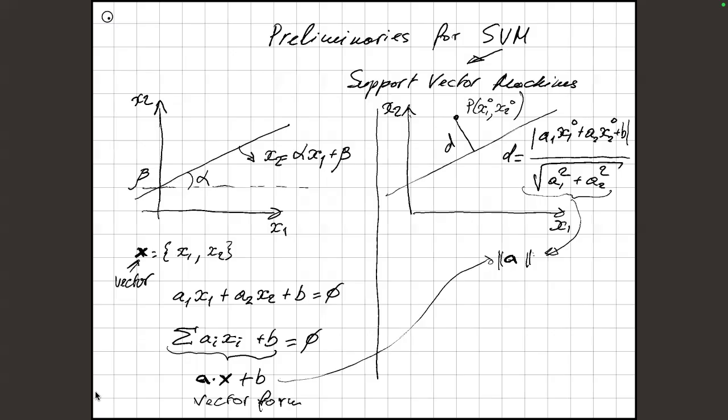On the other hand, we have some particular vector, and we can compute the distance from the tip of this vector, if you start from the origin, to a line defined by this equation. Quite intuitive, right? That's school geometry.